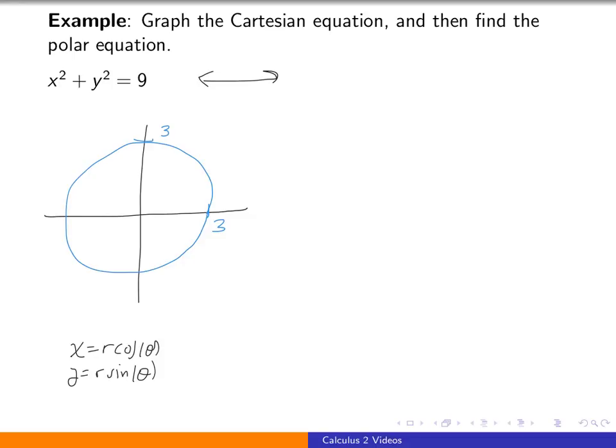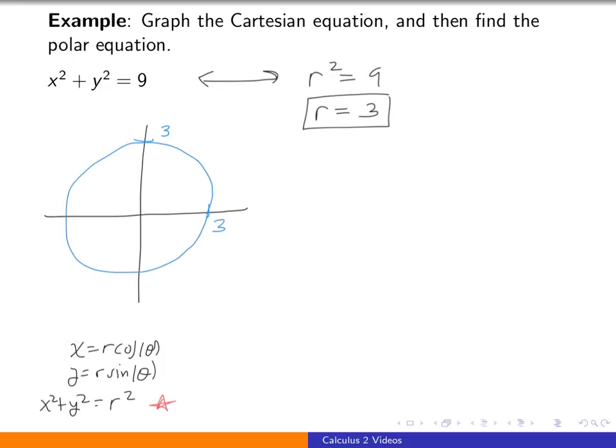But additionally, we've seen that x squared plus y squared equals r squared. And this really is something we want to keep in mind. Whenever you see x squared plus y squared, you want to replace it with r squared. So this becomes r squared equals 9. Or similarly, if we just take square roots, we can say r is equal to 3.